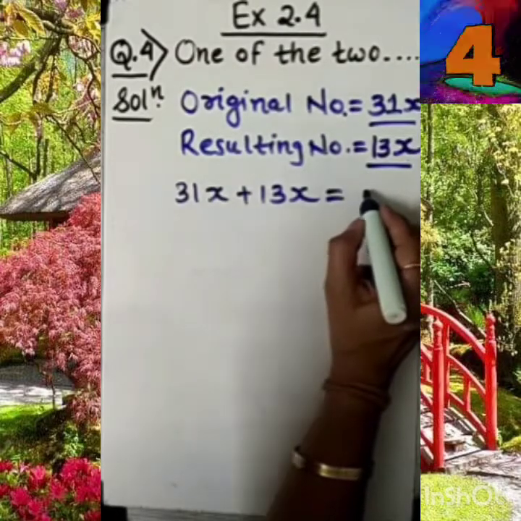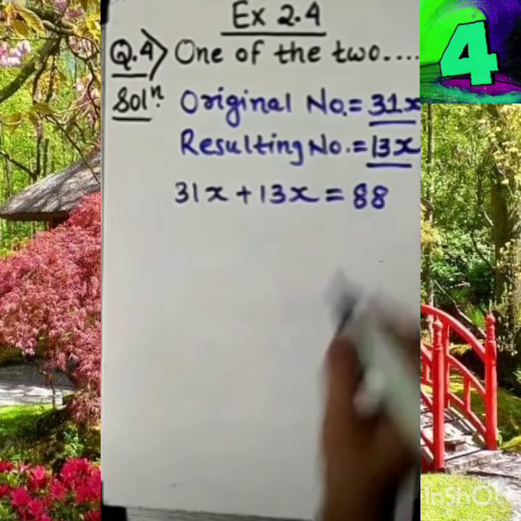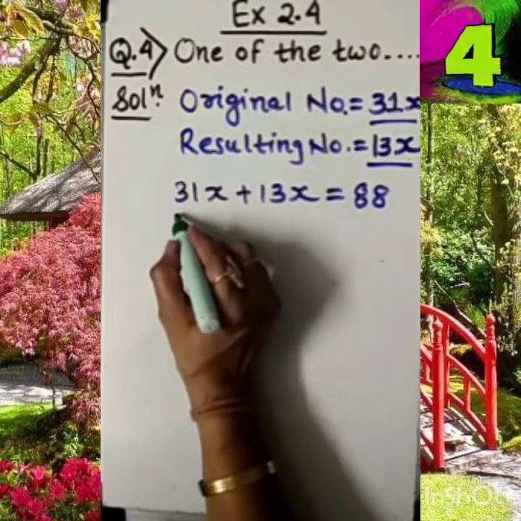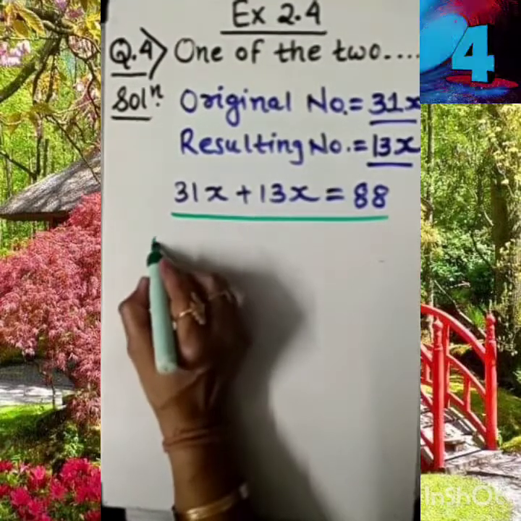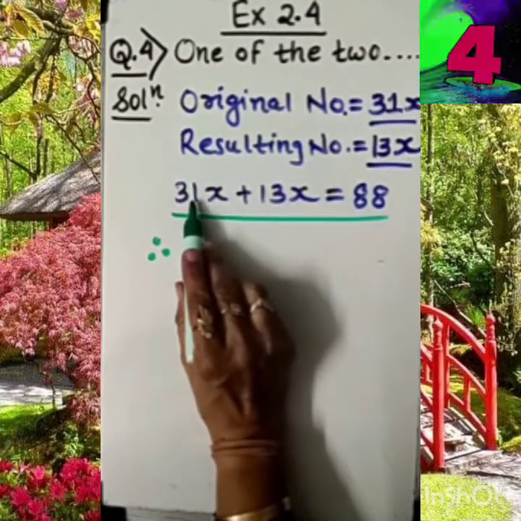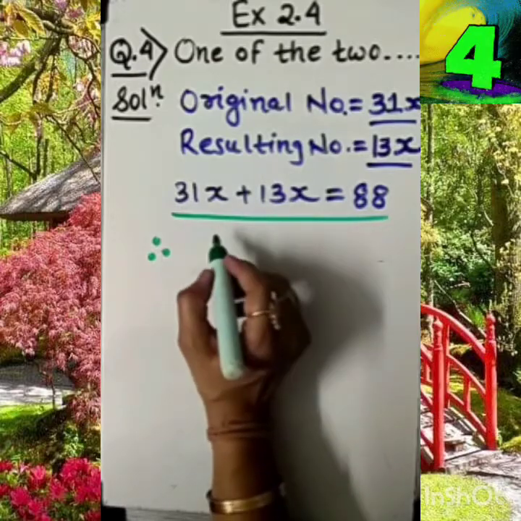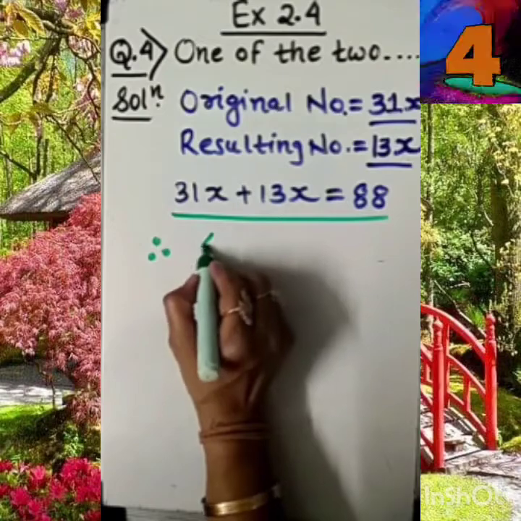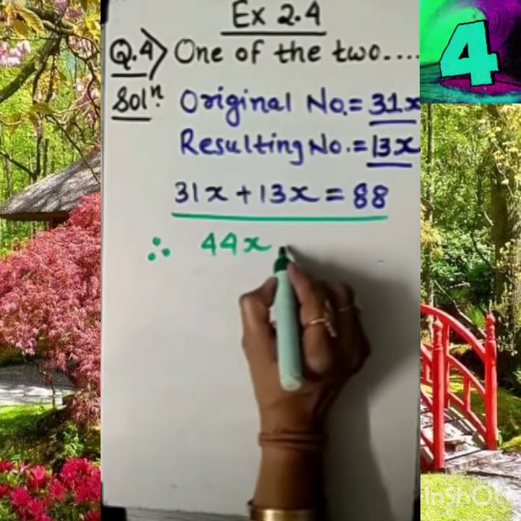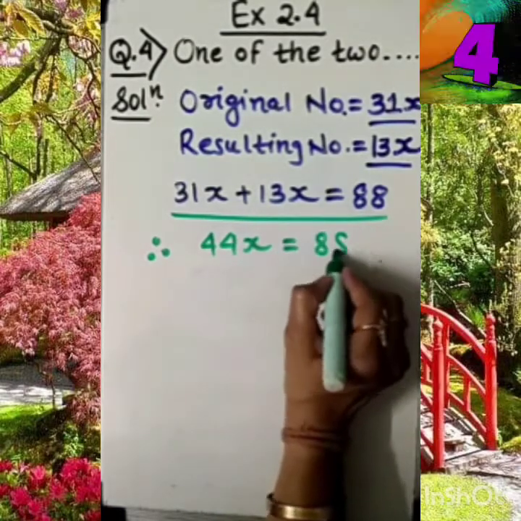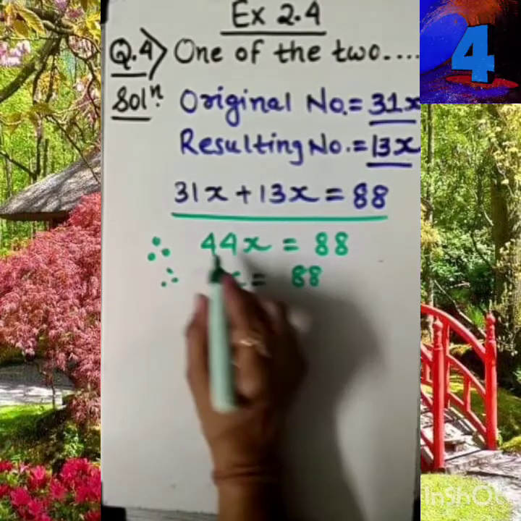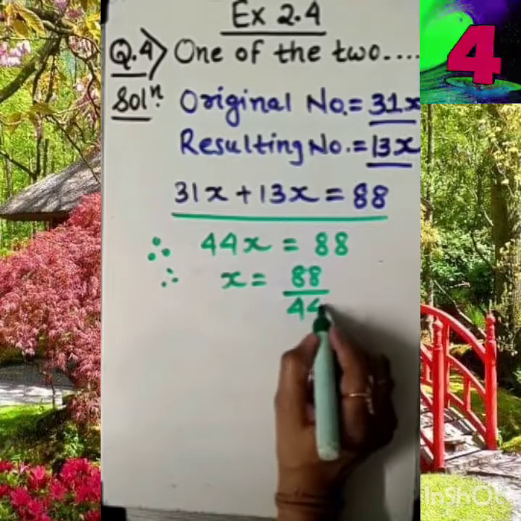So this is a linear equation. Let's try to solve here. As we know, 31 plus 13, here x terms are already like terms. So the sum of this is 44x equal to 88. Therefore, x equals 88 divided by 44.